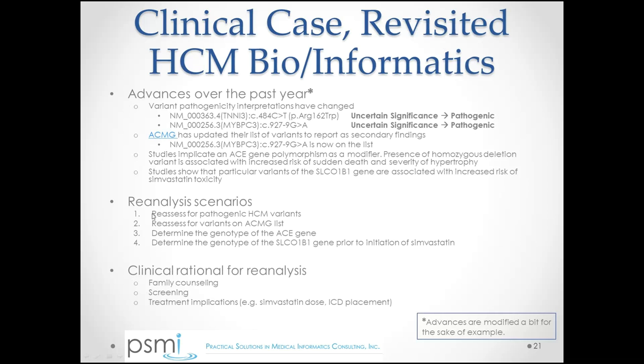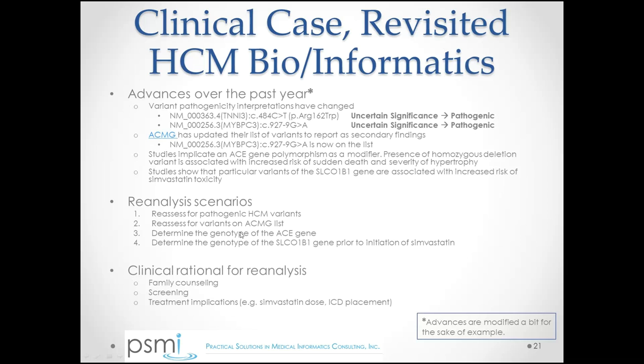Let's go back and look and see, out of all of his variants, does he in fact now have variants that would be deemed pathogenic hypertrophic cardiomyopathy variants? Does he have any variants that are on the ACMG list that weren't at the time?